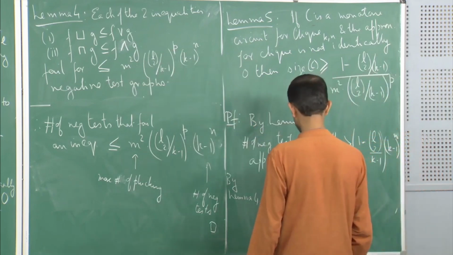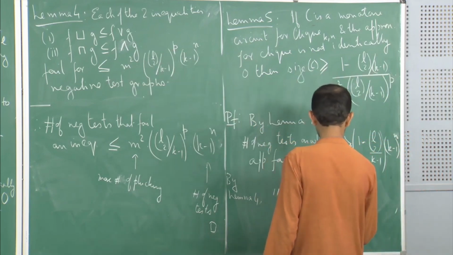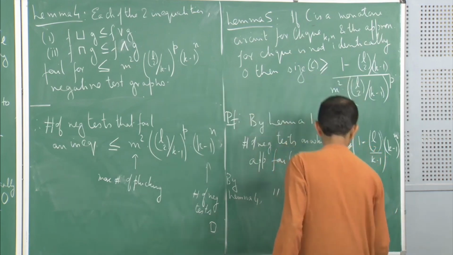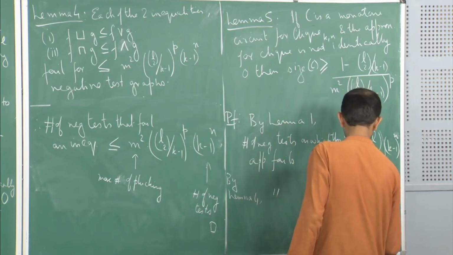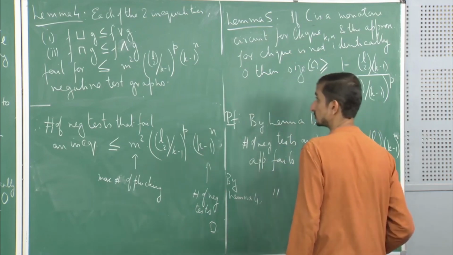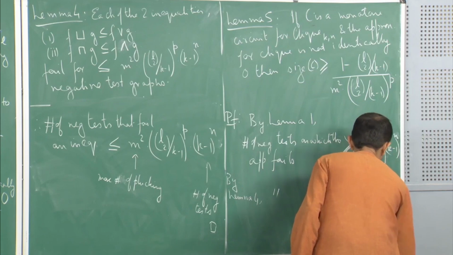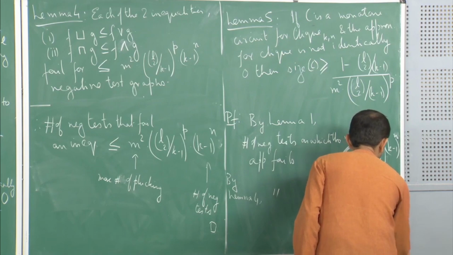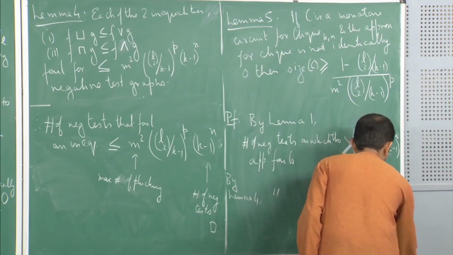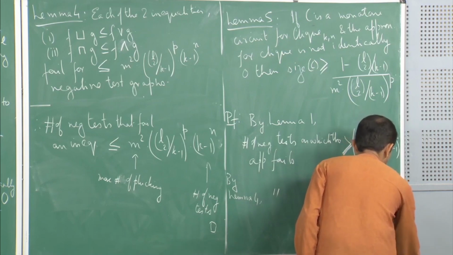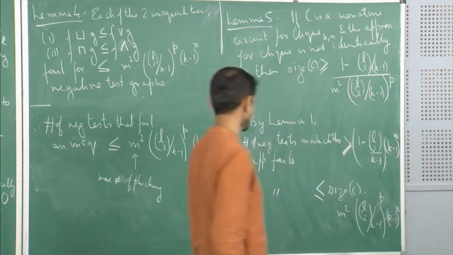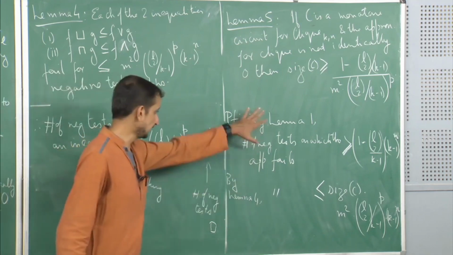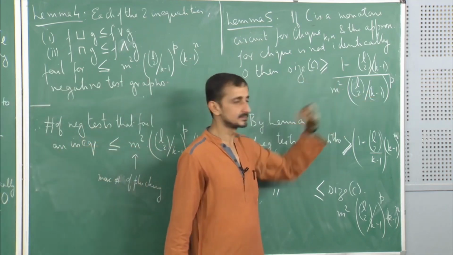So that is less than or equal to size of C times this quantity over here, which is M square into (L choose 2 by K minus 1) whole to the power P times (K minus 1) raised to the power n. And now if you just combine these two, you will get that size of C is greater than this.